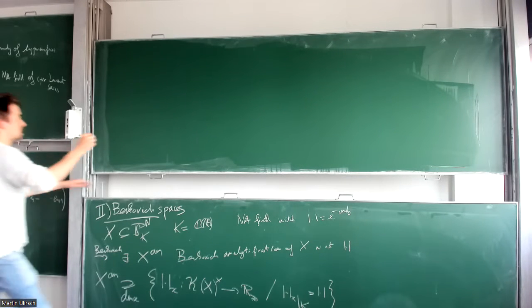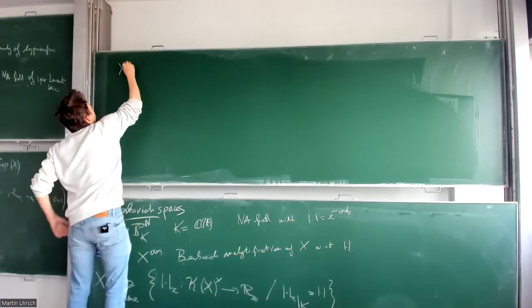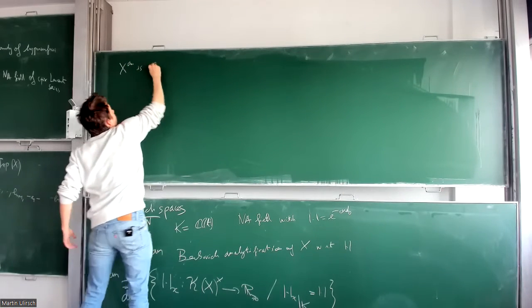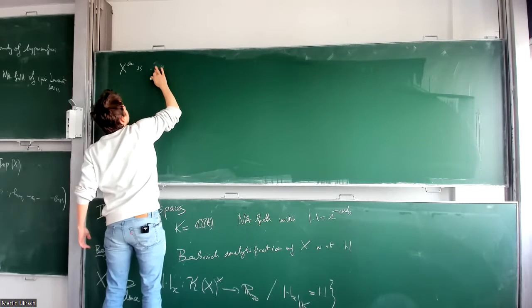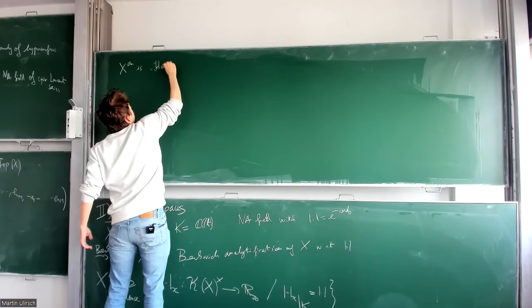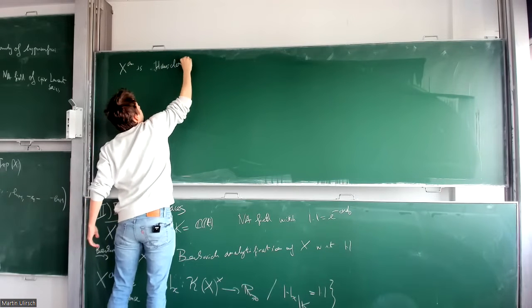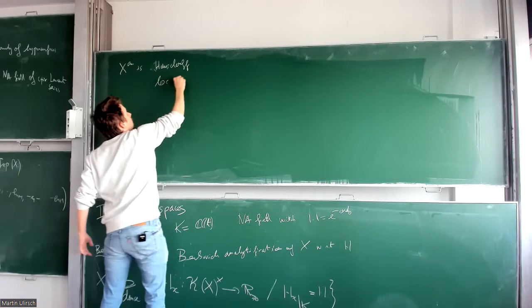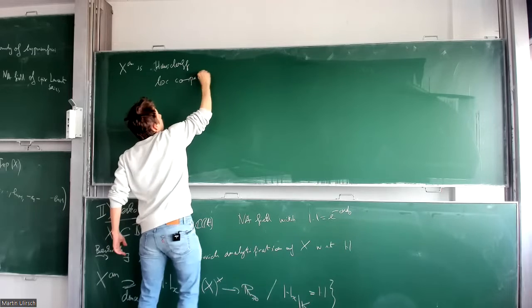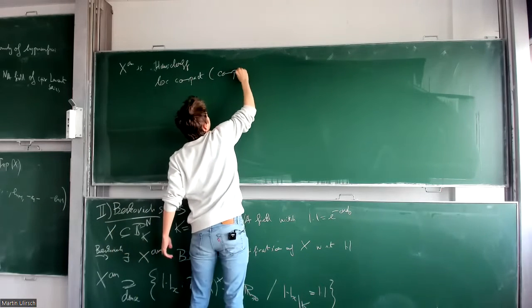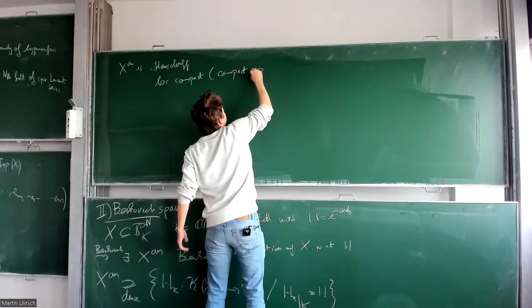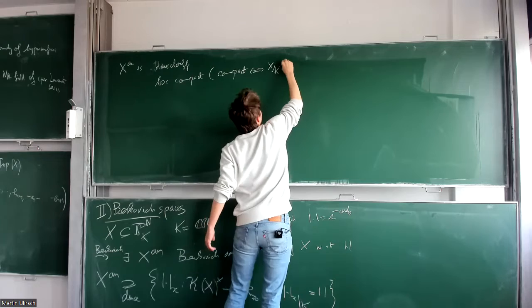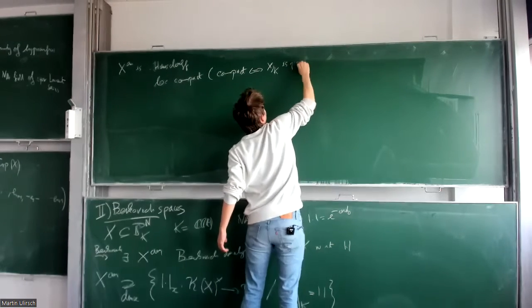So let me write down. This is locally compact. As a topological space, this is Hausdorff, locally compact. In fact, it is compact if and only if X is proper over K, which is always the case for me in this talk.